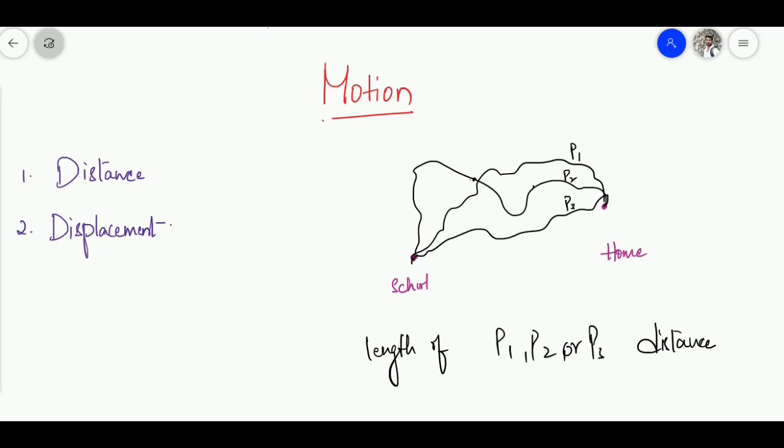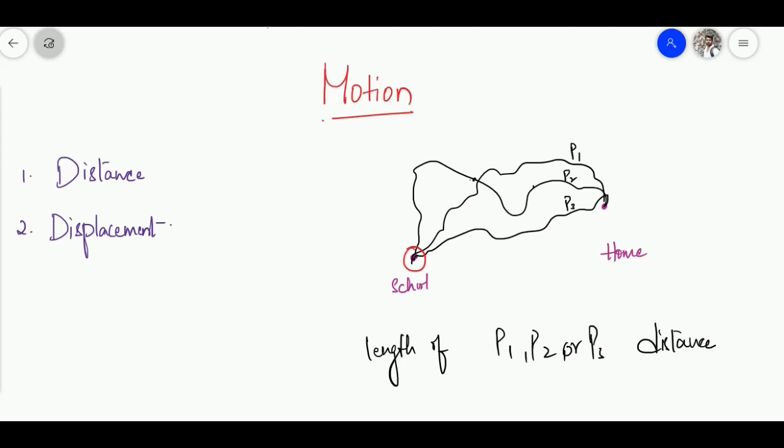Coming to the displacement, let's say you reached your school and let's say you are a Superman now. You are on the terrace of your school and you want to reach your home in a very short time, and you have the ability to fly.